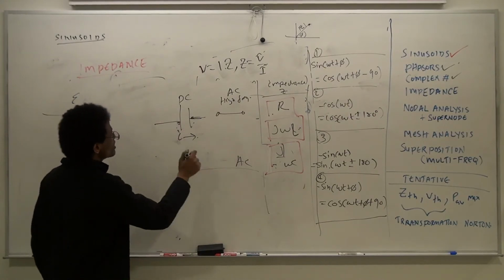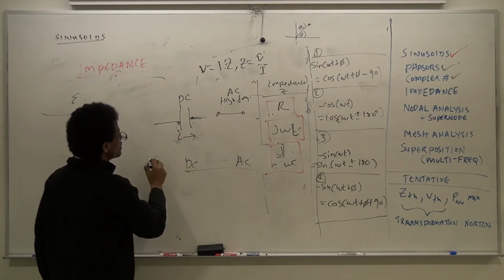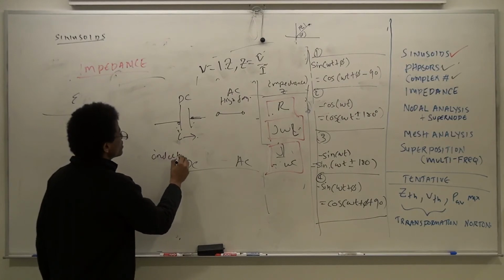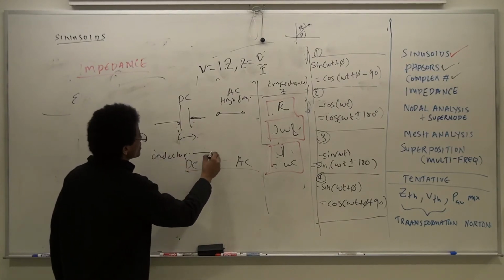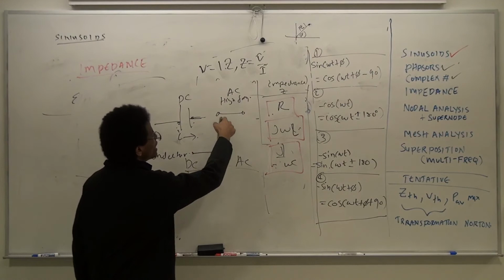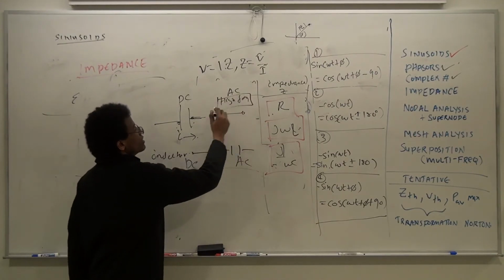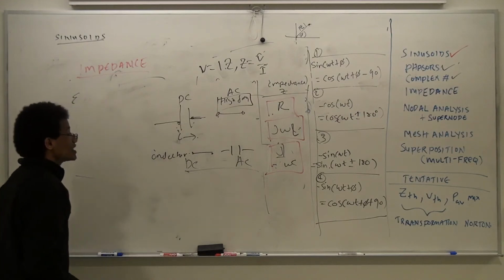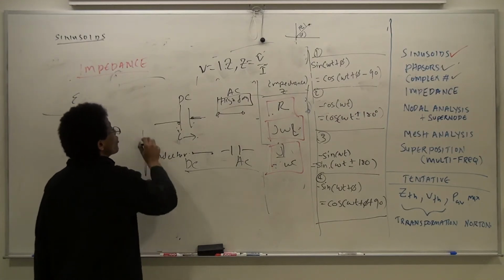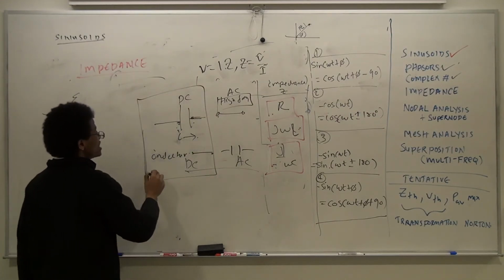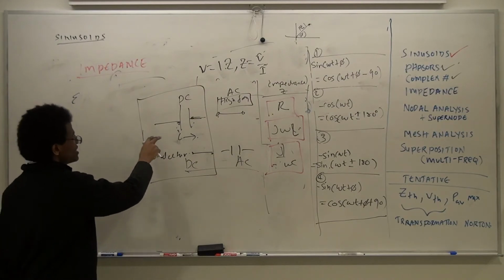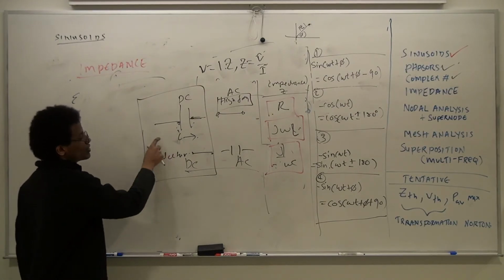You can use the same argument and find that an inductor is a short under DC, which we know, and open under AC at high frequency. You might not need to know this, but please never forget the DC case, because you're going to see it in the exam. This is the most fundamental.